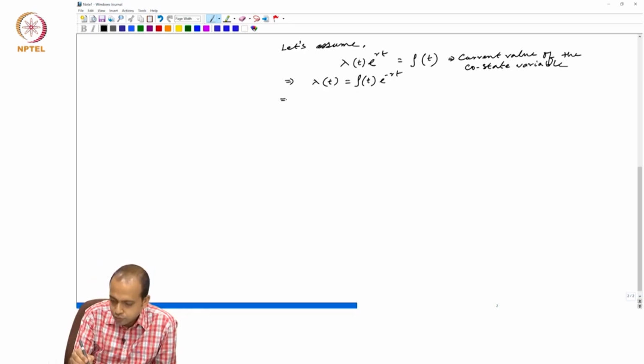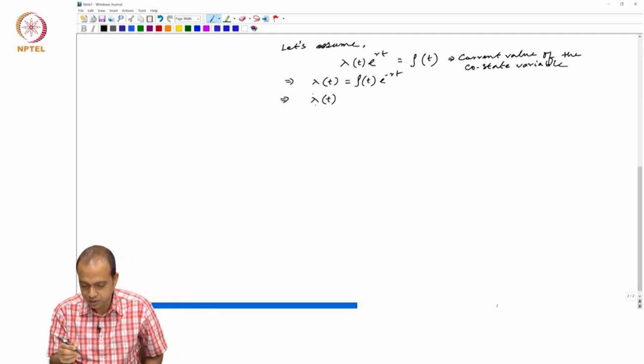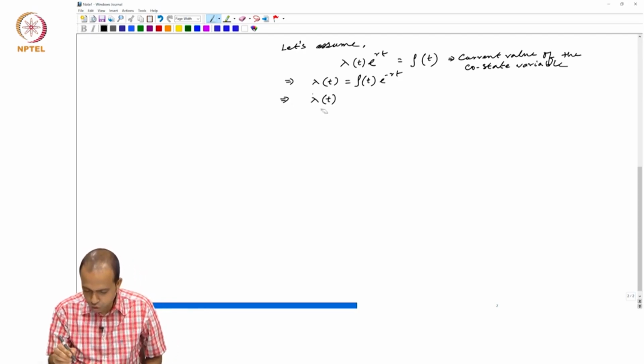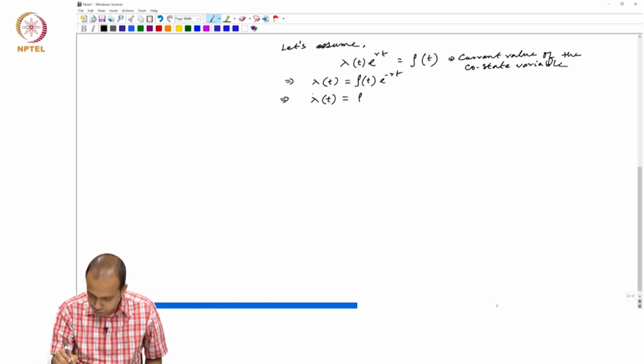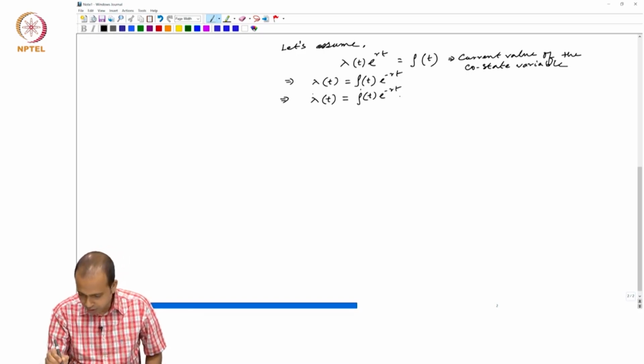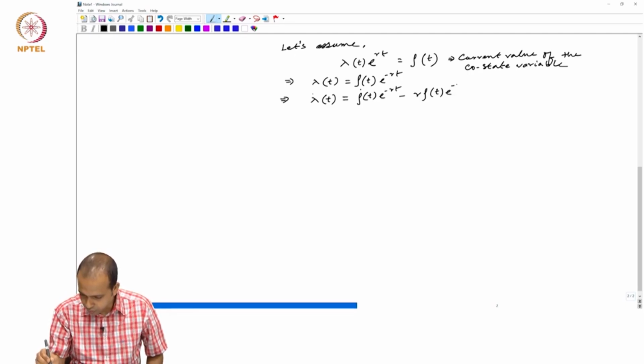So, from here what I can say, differentiating with respect to t, lambda dot t would be equal to rho dot t into e to the power minus r t minus r into rho t into e to the power minus r t.